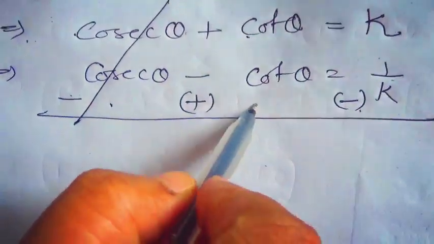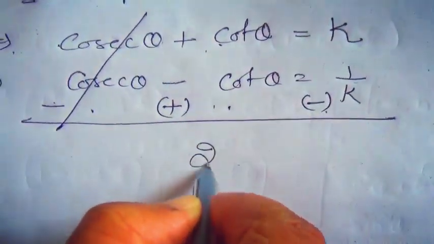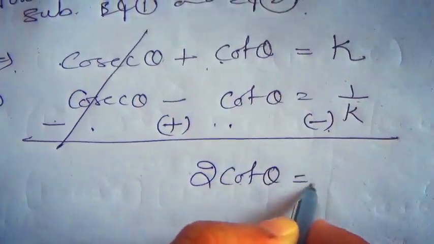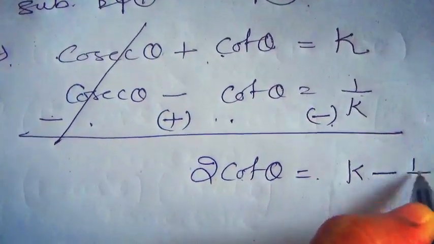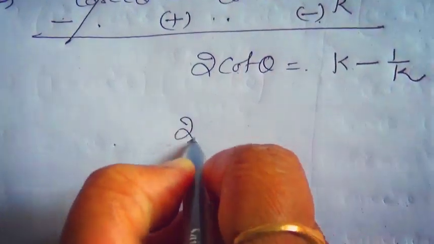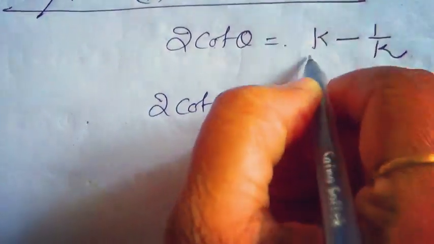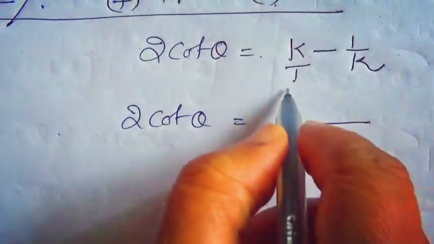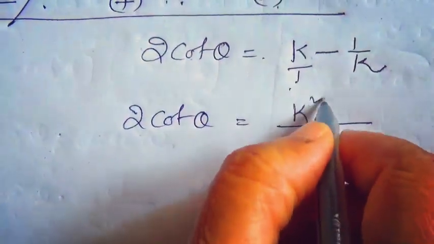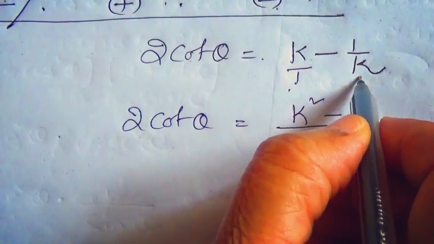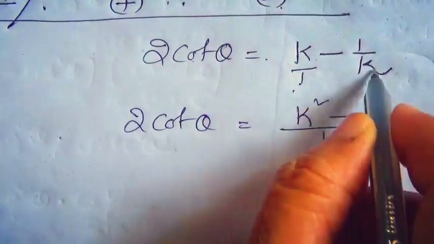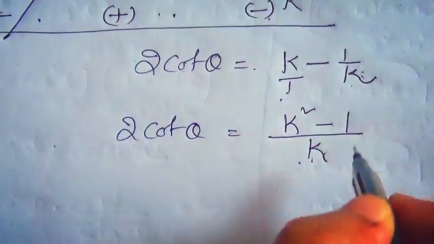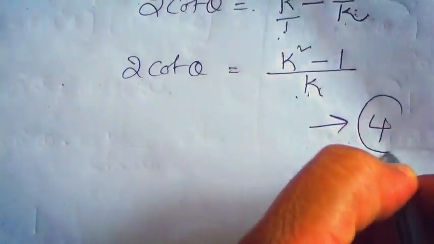Here plus cot theta plus cot theta, 2 cot theta is equal to k minus 1 by k. So 2 cot theta is equal to the LCM of these two, k: k into k gives k square, minus 1, and k is there in the denominator. That is k square minus 1 by k. Okay, this is equation number 4.